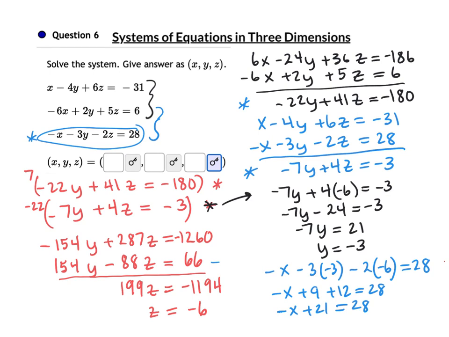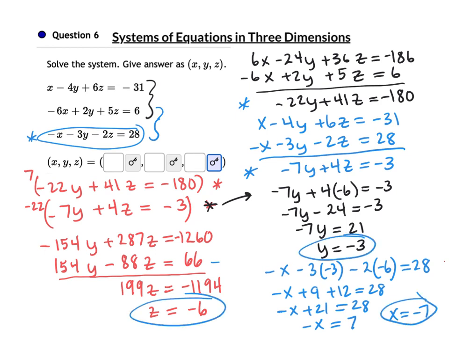Subtract 21 from both sides, we get negative x equals 7. Divide both sides by negative 1, and x is negative 7. So there are answers. And our ordered triple then, in alphabetical order, is negative 7 for x, negative 3 for y, and negative 6 for z.